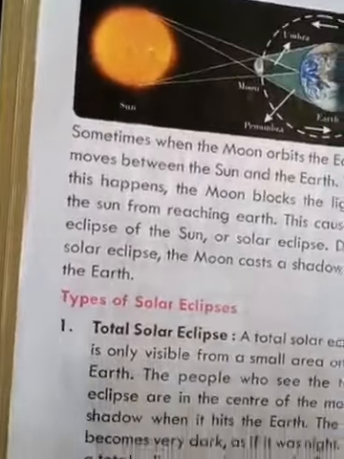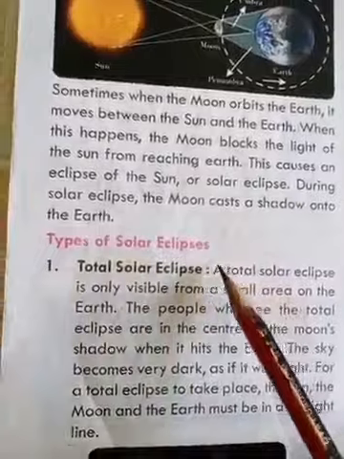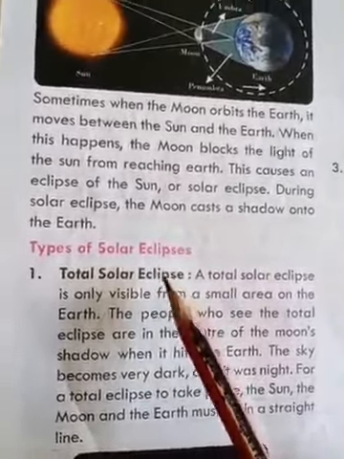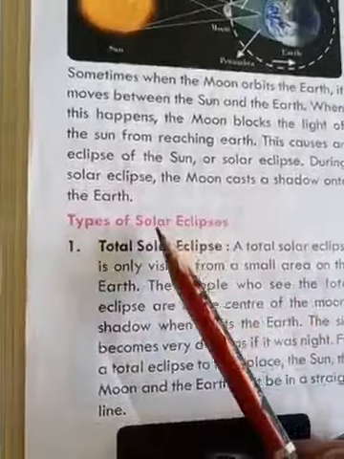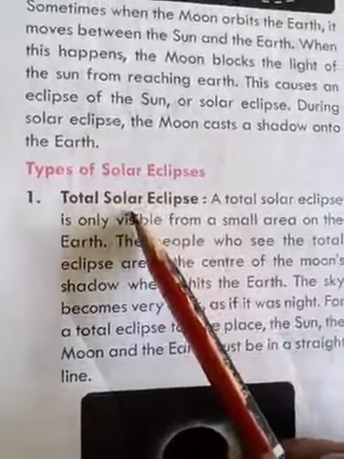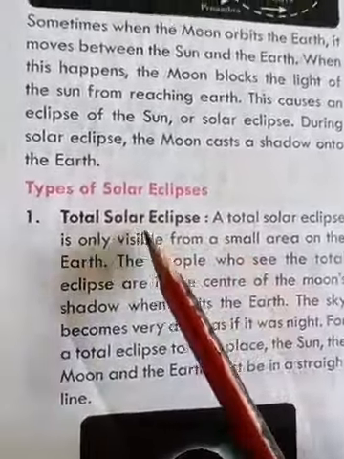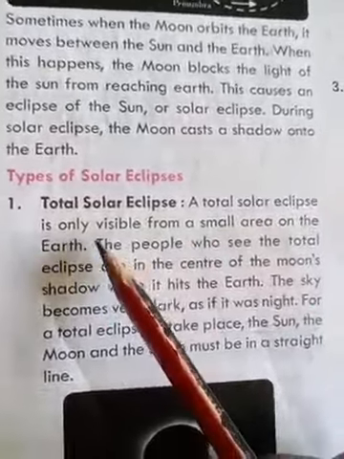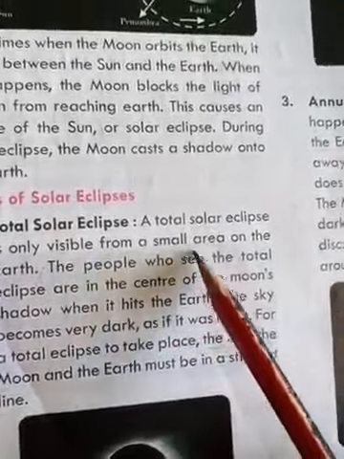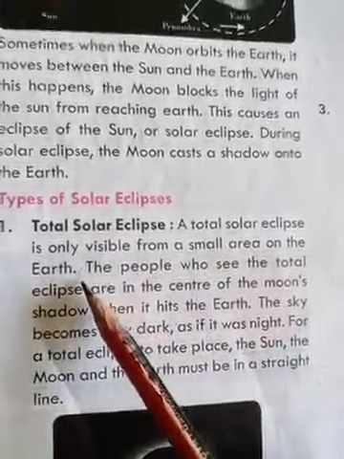Okay, now types of solar eclipses. Total solar eclipse. What is total solar eclipse? A total solar eclipse is only visible from a small area on the earth.